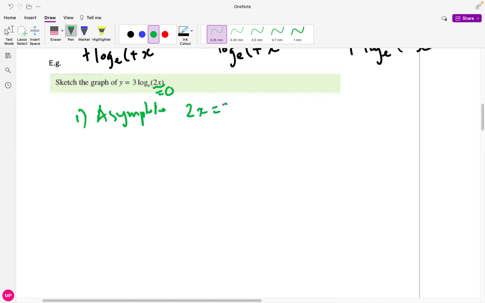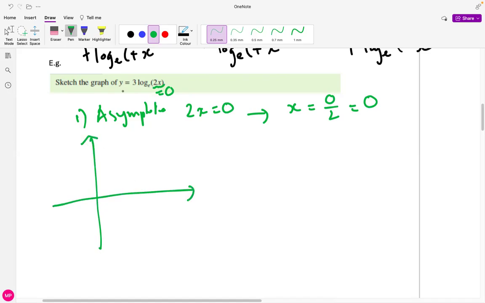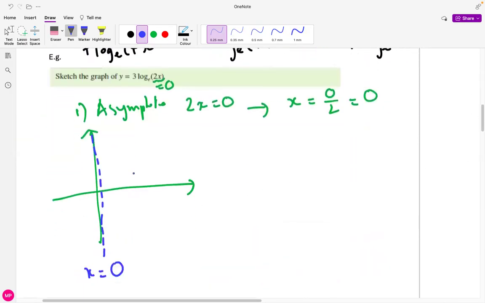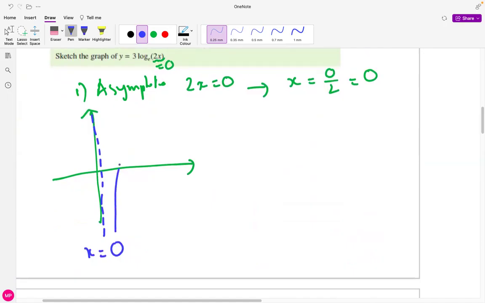So 2x equals 0, and when we divide by 2, we still get 0. So we do have x equals 0 as the asymptote. There is no reflection, positive and positive, so the shape will be like that. We will have something like this.